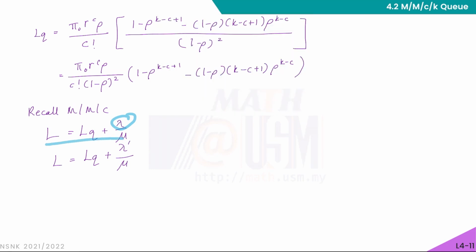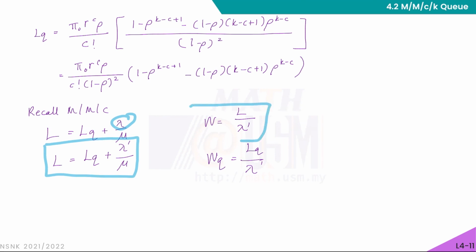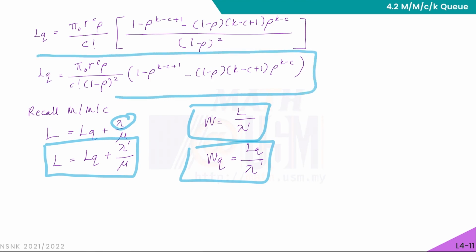So this is our L for rho not equal to 1 for M/M/c/K. Following that, we will have W equals L over lambda effective and WQ equals LQ over lambda effective. So that wraps up the measures of effectiveness for M/M/c/K for the case of rho not equal to 1. So you have all four: L, W, LQ, and WQ.